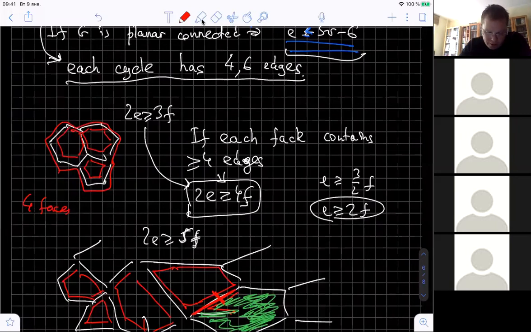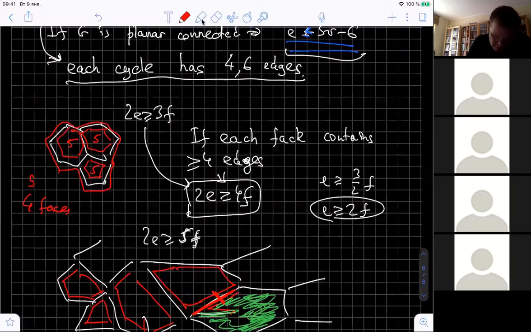The first one has five edges, this one five edges, this has five edges, and the outer one has 1, 2, 3, 4, 5, 6, 7, 8, 9, like 10 edges.